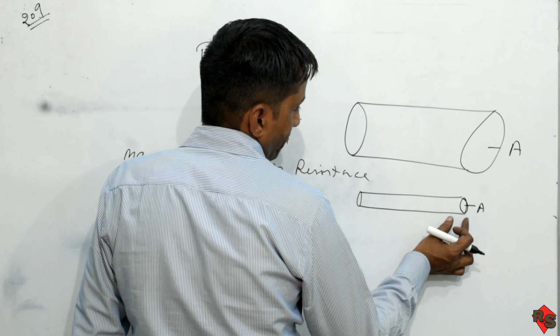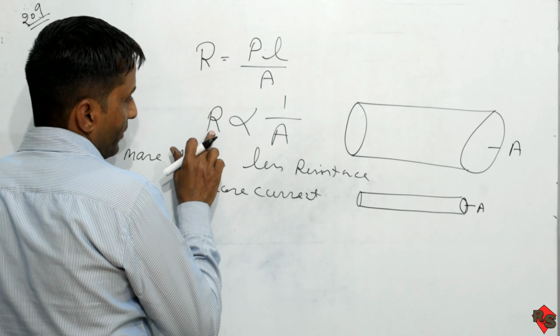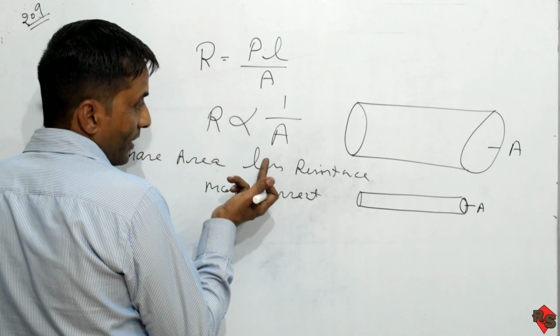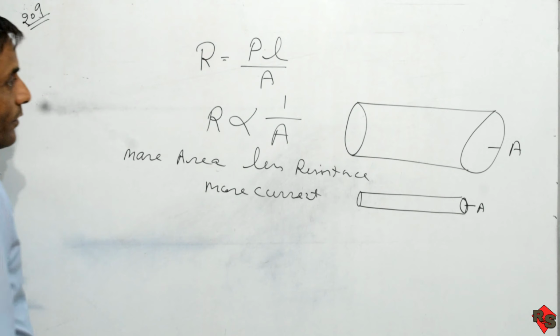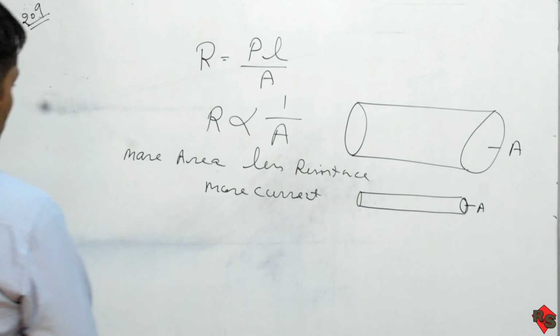Less area, more resistance, less current. So we can say in a thick wire, current will flow easily. Clear question? Let's go to the next question.